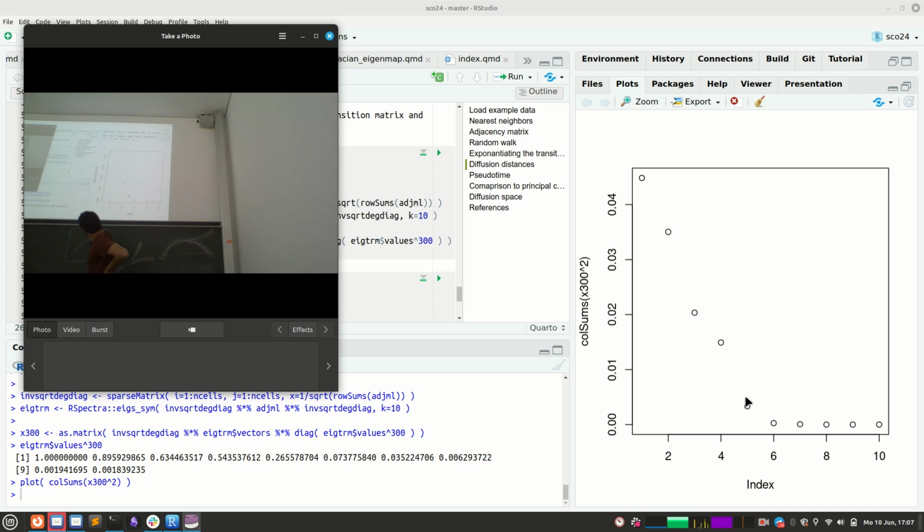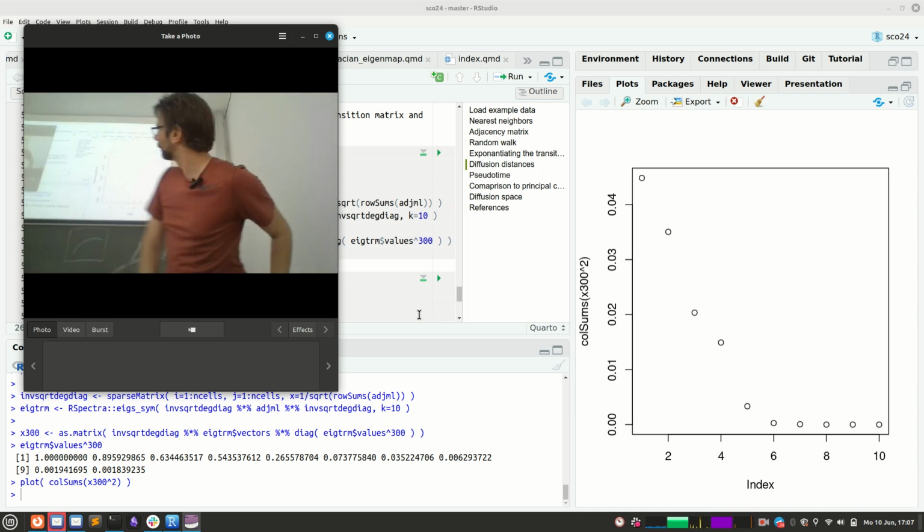But because we use diffusion distances, and you remember the point of the diffusion distances is that we chose these 300 steps in order to smooth out small distances, the diffusion pattern of this cell and that cell will be exactly the same, so that the deviation in this direction I can't see. So after I used this inherent smoothing, I now got this 5-dimensional pattern that I see here.